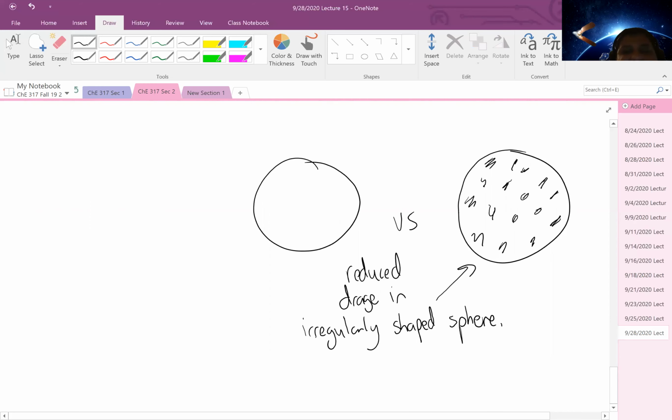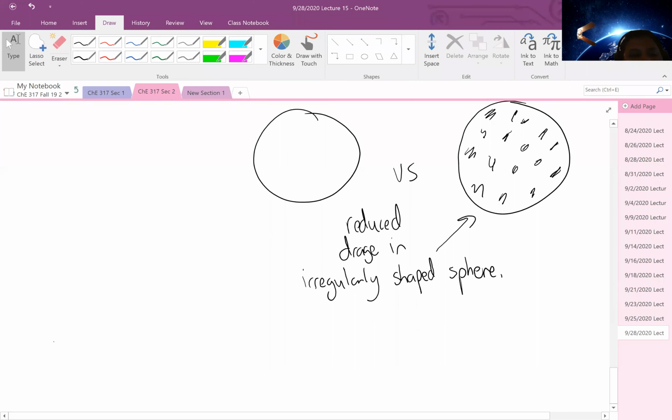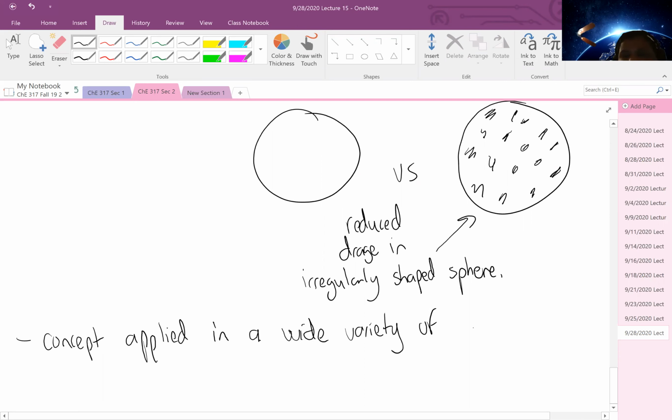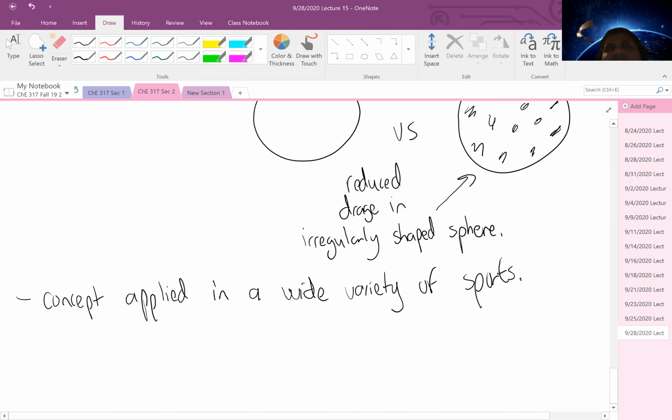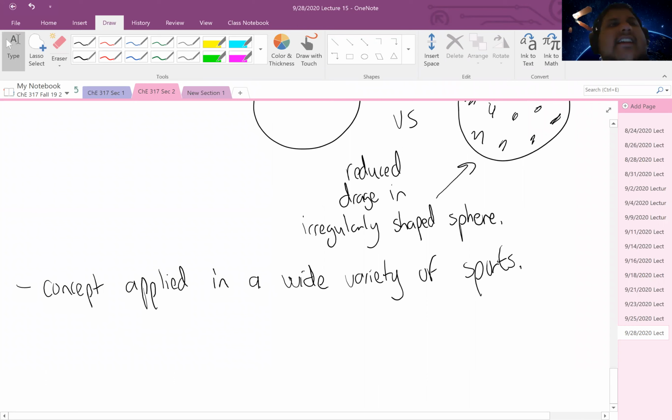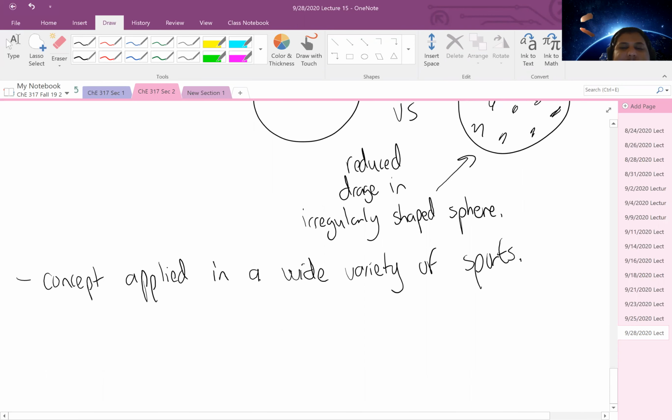And you can find that this is applied in a wide variety of sports. The easiest example is golf. In golf, the balls used to be originally perfectly smooth.